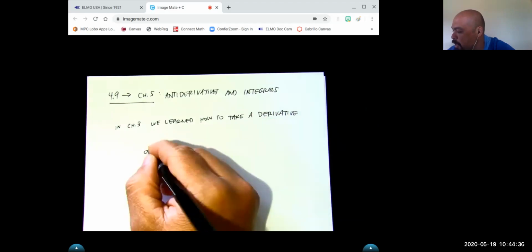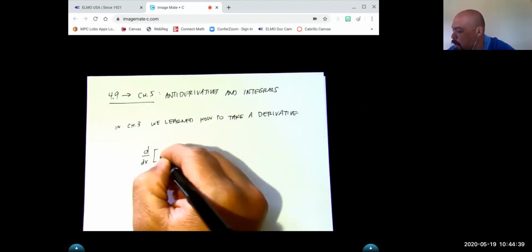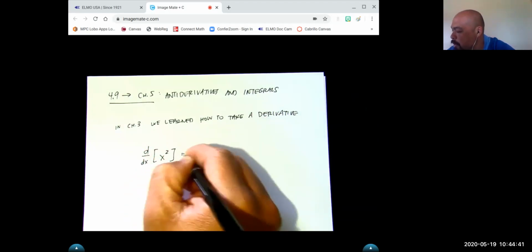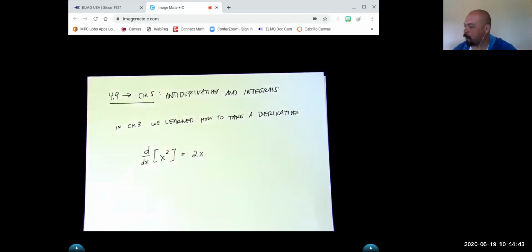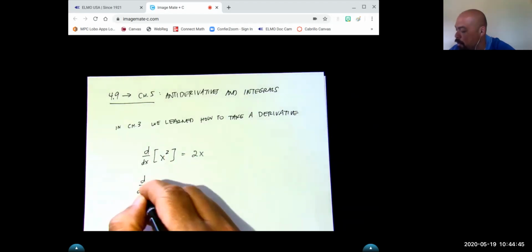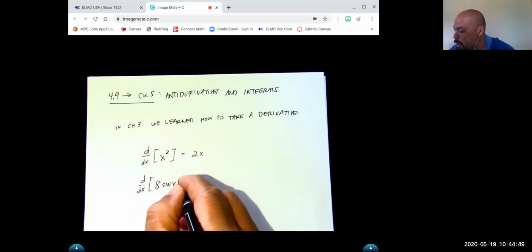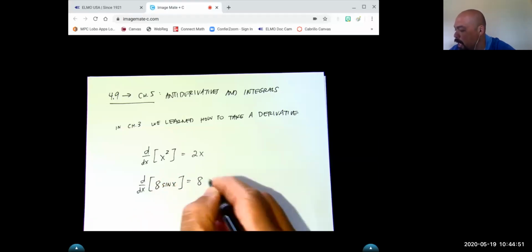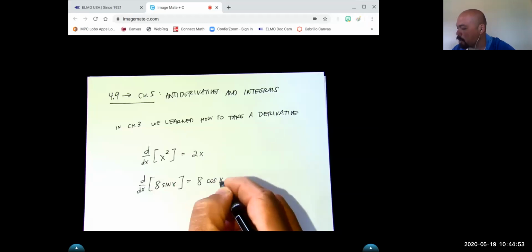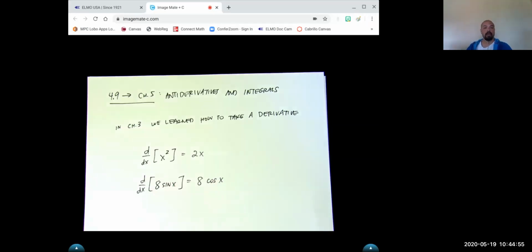We said, if I take the derivative of x squared, my derivative is going to be 2x. Or likewise, if I took the derivative of, say, 8 sine of x, my derivative would be 8 cosine of x. That coefficient sticks around, the derivative of the sine becomes cosine, and so on.